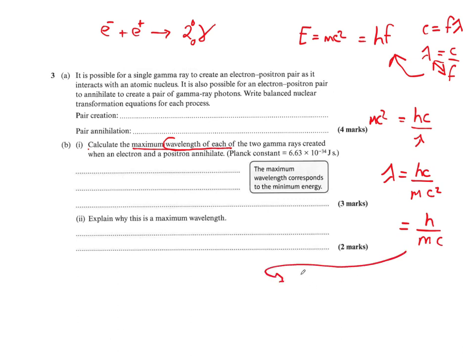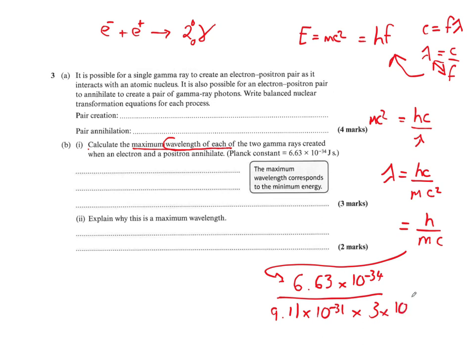The mass of the electron, well, let's do this. Planck's constant is 6.63 times 10 to the negative 34. The mass of the electron, given earlier on, was 9.11 times 10 to the negative 31, and the velocity of light is 3 times 10 to the power 8.